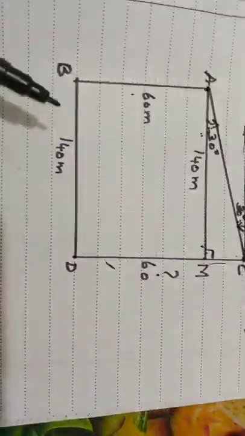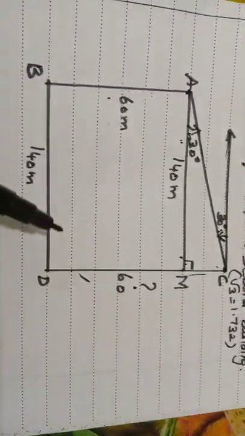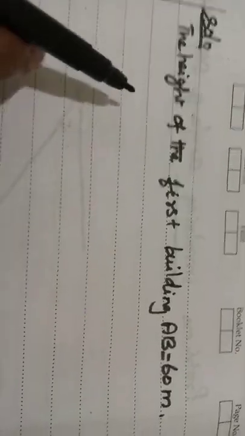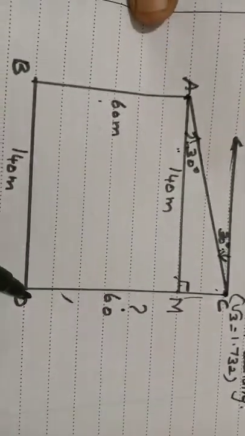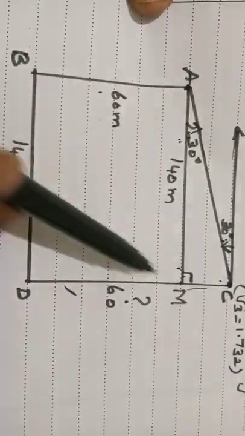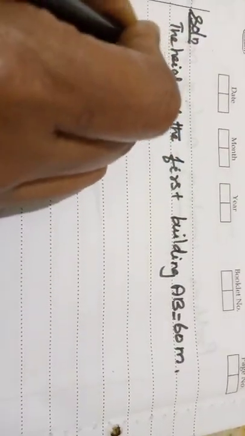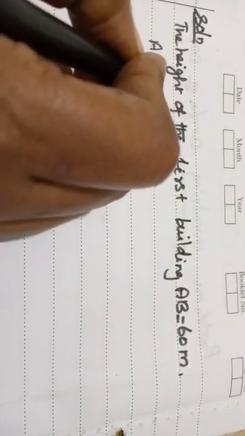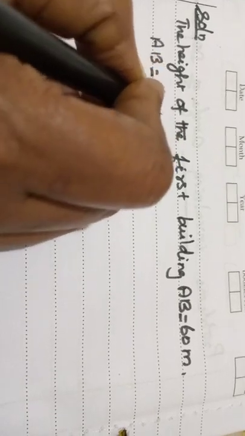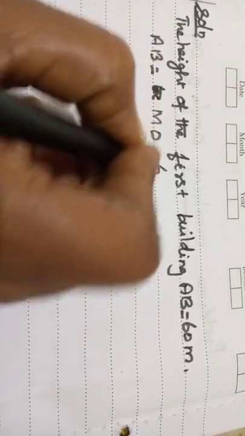Did you understand the diagram? The height of the first building AB is 60 meter. It is given. We named AB 60 meter. So MD will also be equal to 60. So AB and MD will be equal, that is 60 meter. Let's write that. Therefore AB is equal to MD is equal to 60 meter.